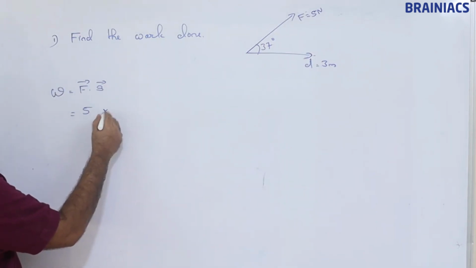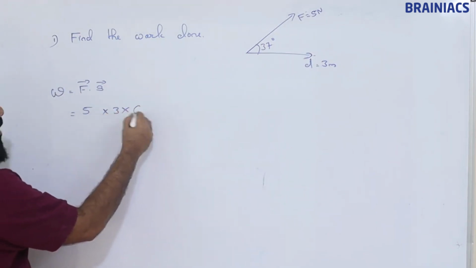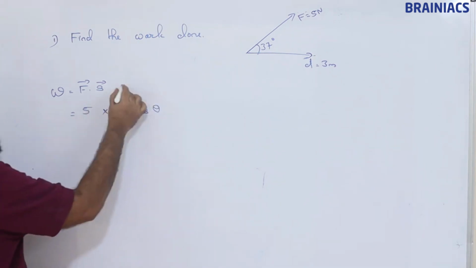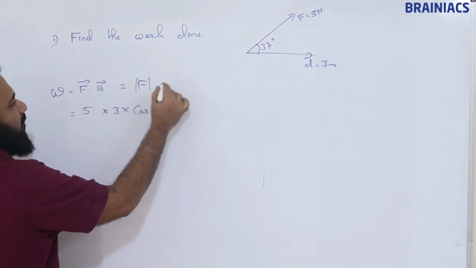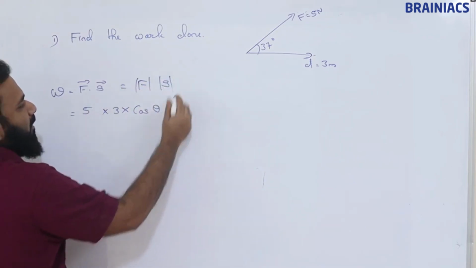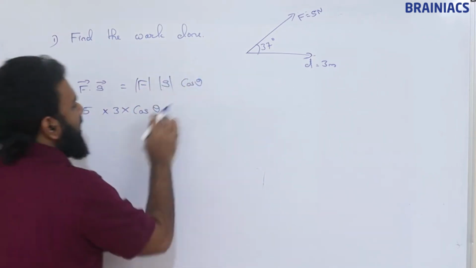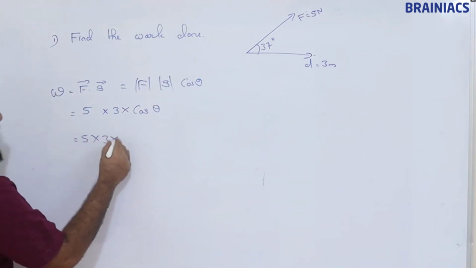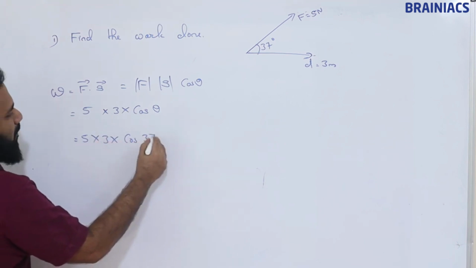So 5 into 3 into cos theta, which is magnitude of F into magnitude of displacement into cos theta, where theta is the angle between them. So 5 into 3 into cos 37.